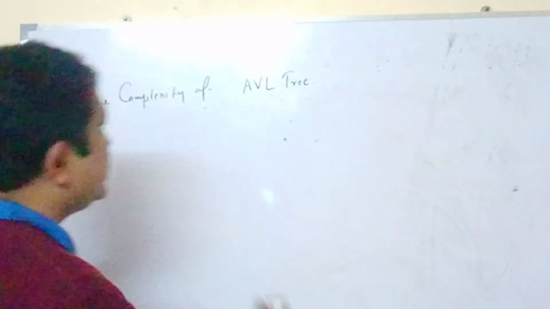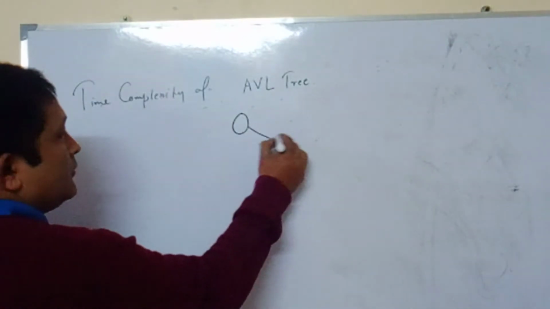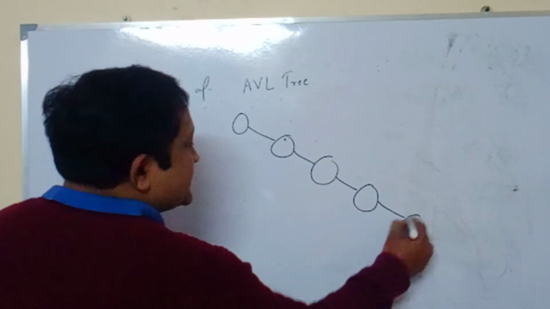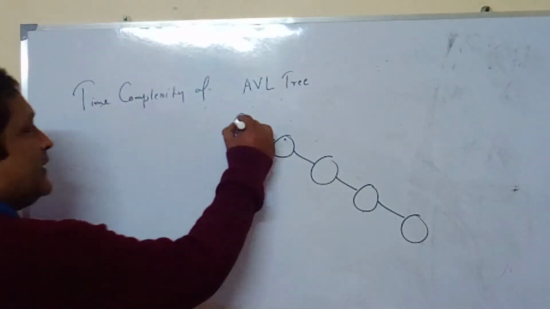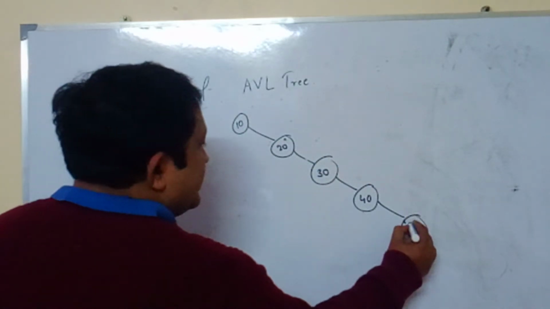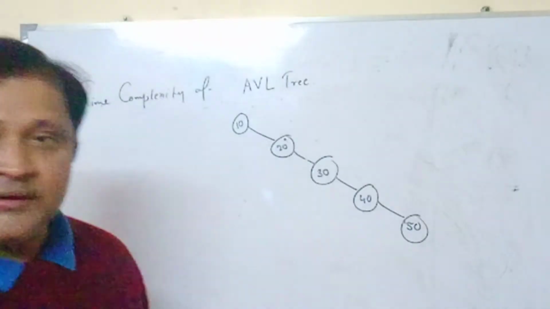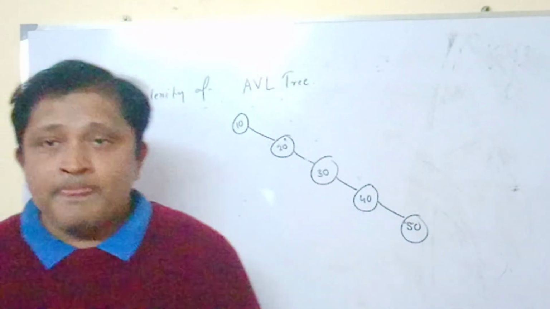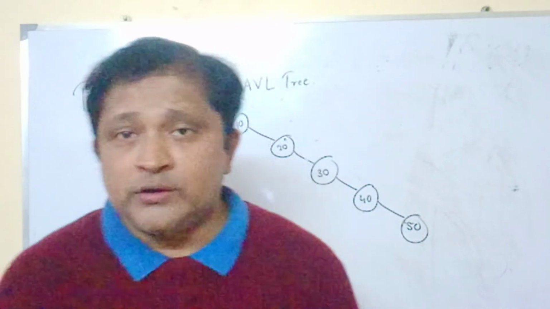It will be stored in a binary search tree more like a linear data structure or linked list. Suppose we have 10, 20, 30, 40, 50 like that. So it is in a specific increasing order, stored in a BST in a linear, sequential order.